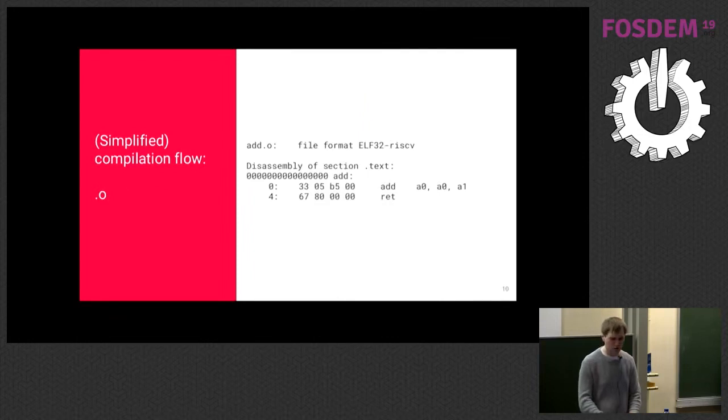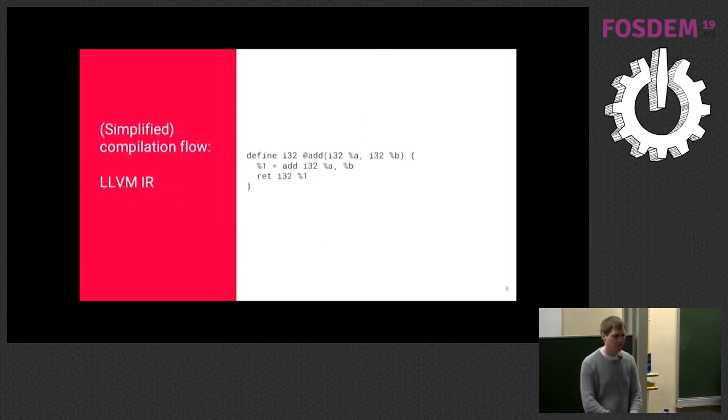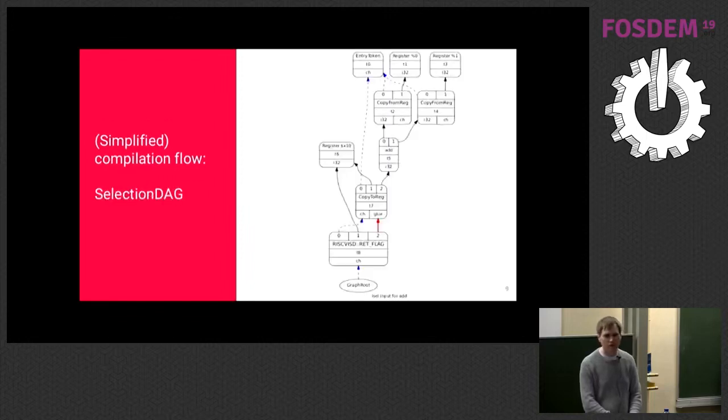In this case, it's all fairly trivial because ultimately we have a single IR instruction, the add, which gets lowered to a little bit of extra junk in order to handle the function arguments and return, as well as the main meat of it, this selection DAG add node, which is trivially lowered to the add instruction.